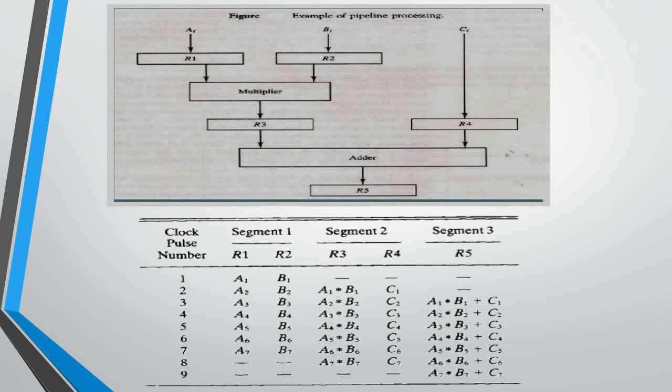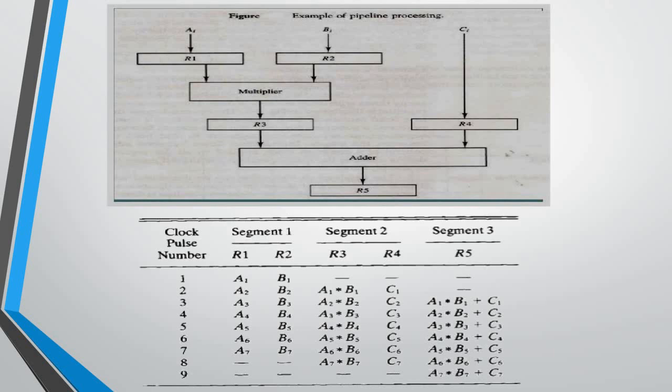The R1, R2 registers are in segment 1, R3, R4 in segment 2, and the R5 register in segment 3. Now the first clock cycle, the R1, R2 entered into the first segment, but there is no data in segment 2 and also none in segment 3 in the first clock cycle.